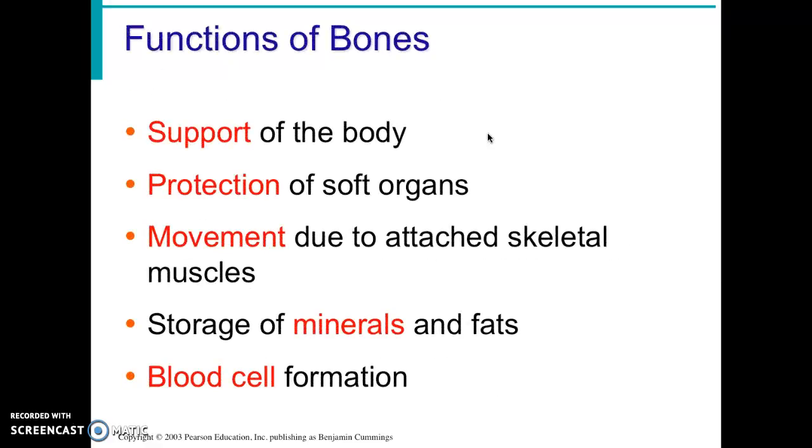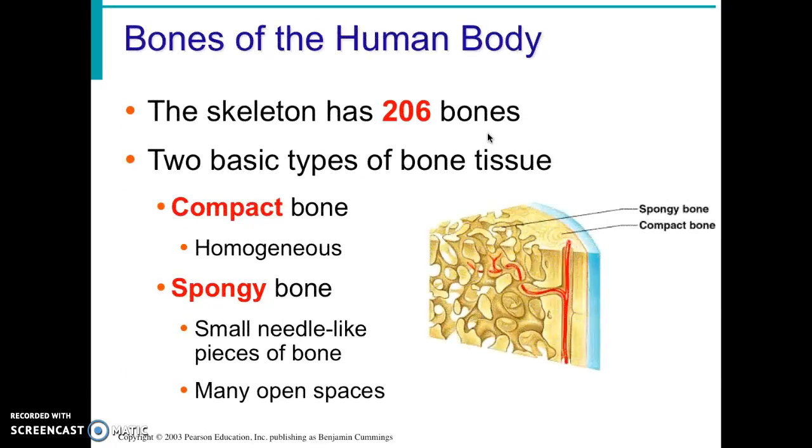Functions of bones: they support the body, protect soft organs, allow movement due to attached skeletal muscles, store minerals and fats, and form blood cells. The skeleton has 206 bones.